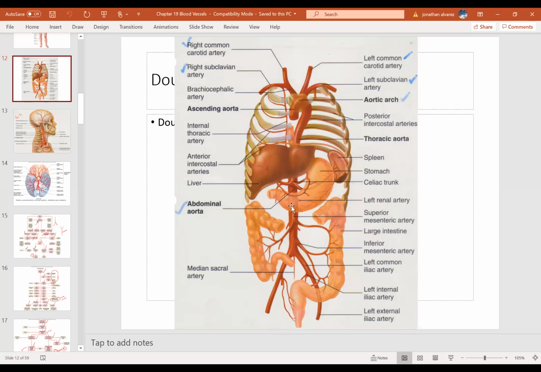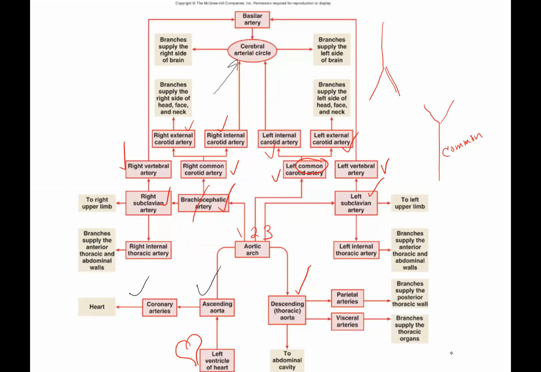This flow chart right here, and I think I also sent everyone an email on that as well, and another version of this, kind of the same flow chart, same idea. This one's also pretty nice to show you the order and direction of blood flow.